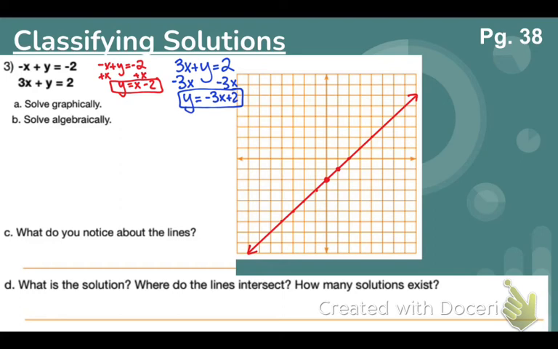Where do we start on the graph if we are graphing that? +2, that's our y-intercept. Where do we move from there? Up 3 and left 1? Nice, yeah. Which is also the same as moving down 3 and to the right 1.